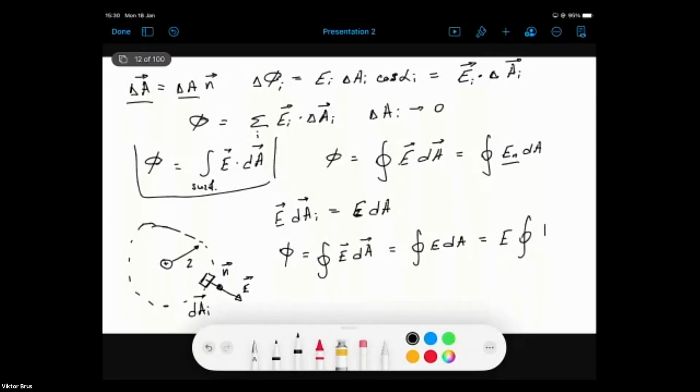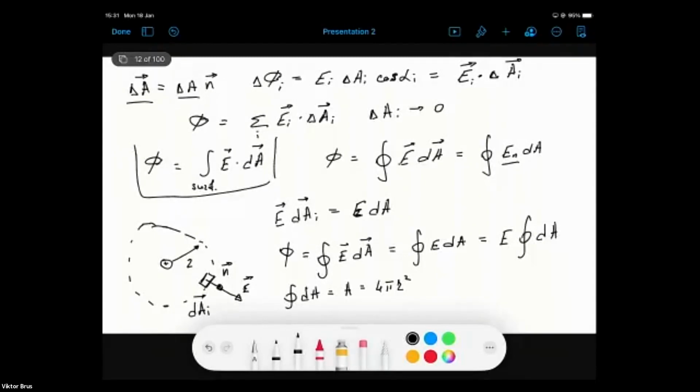And we have the integral over the closed surface, dA. This integral over a closed surface will be just the area of the sphere which we consider. We know that the area of the sphere is A, equal to 4 pi r squared.